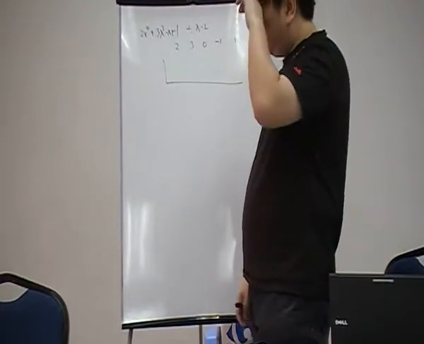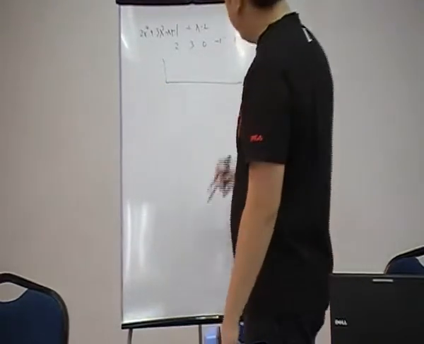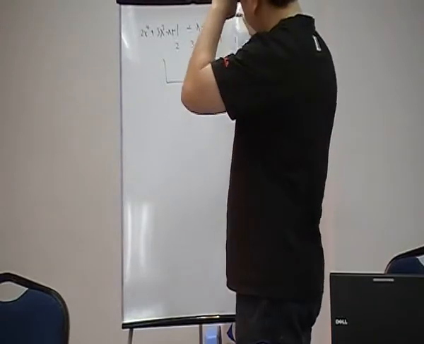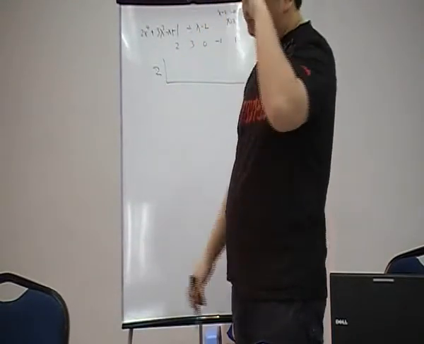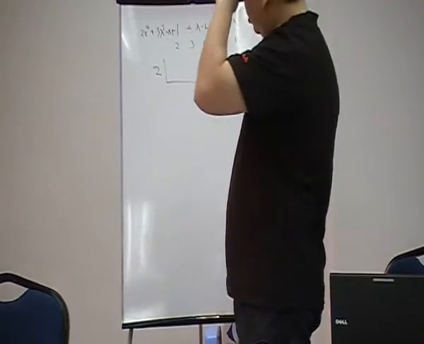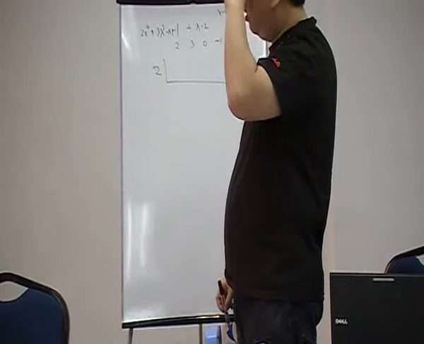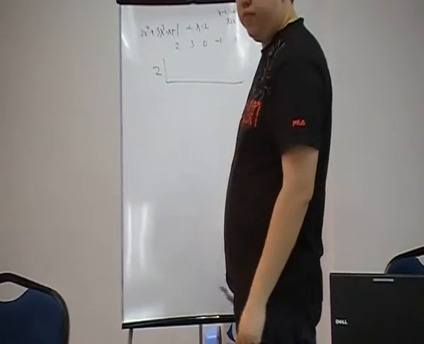For the divisor, you don't put x minus 2 here. You equate it to 0. So what do you get? You get x equal to 2, right? So put a 2 here. Listen to me. What you need to put here is that this time this gives you this.